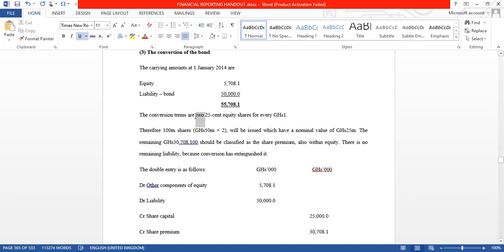So 2, that is where it is coming from. The 2 is what you have here, and will be issued at a nominal of 25 million because of this 25 cents. So you have 100 million shares. Because you already have this, I think I need to check this because they already have 50 million.